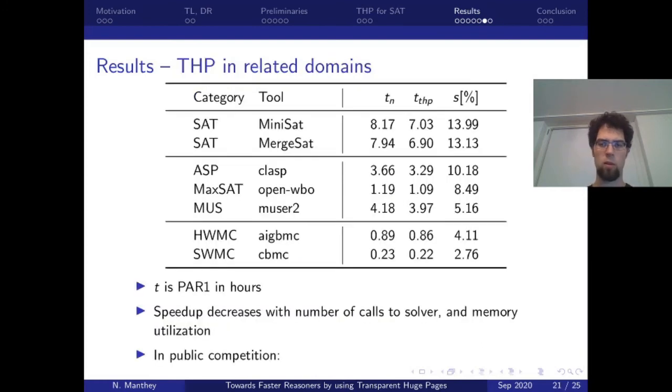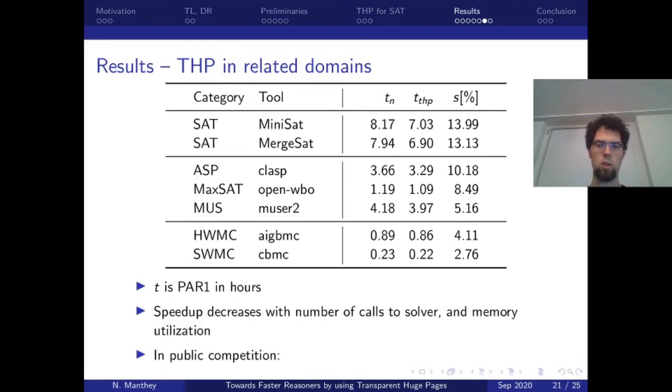Okay, so in a more comprehensive way, we did this measurement for different tools and different categories. For plain SAT solvers such as MiniSat or MergeSat, you can see that the average improvement is about 13%. For related domains like ASP solving, the average improvement we measured is still 10%.